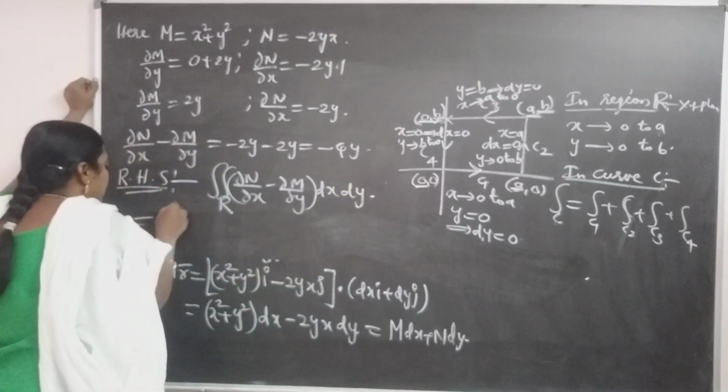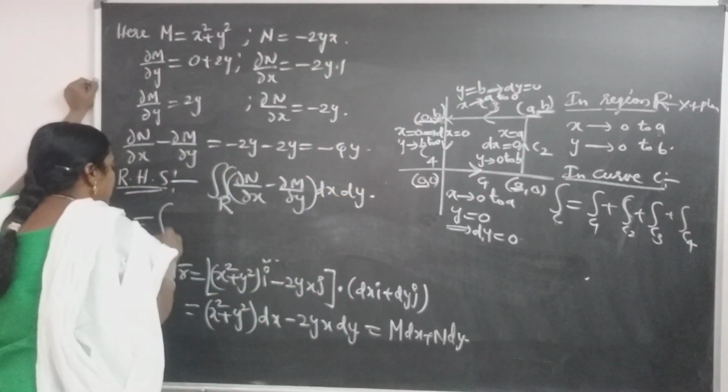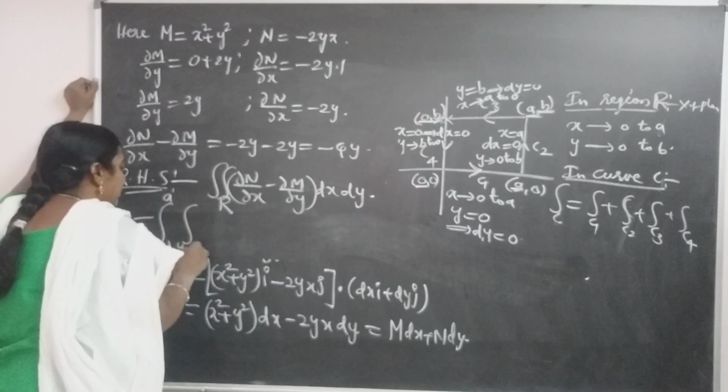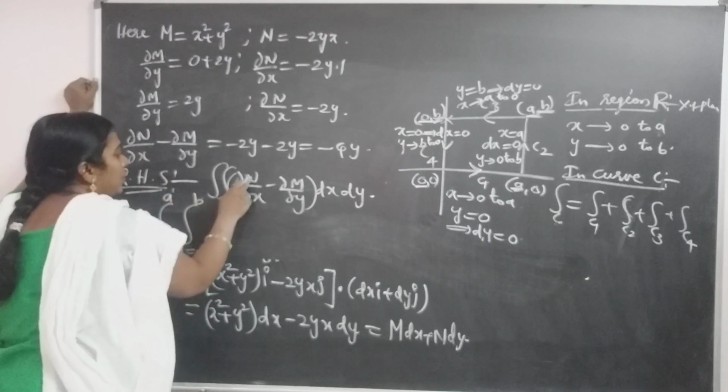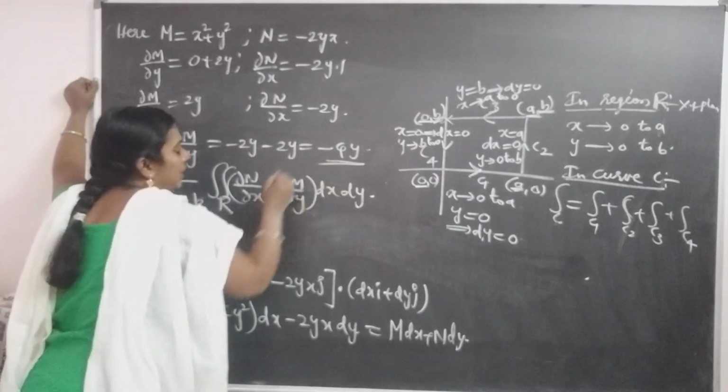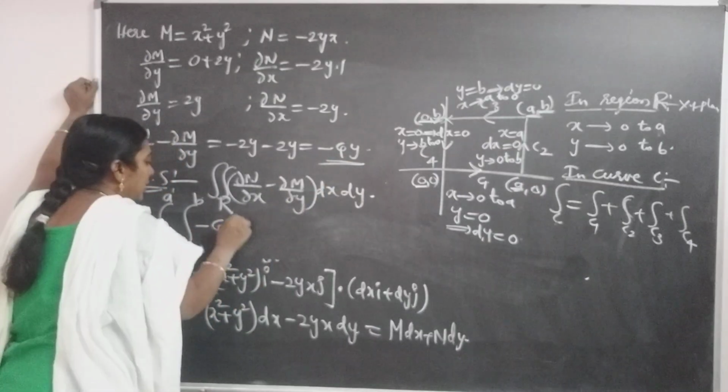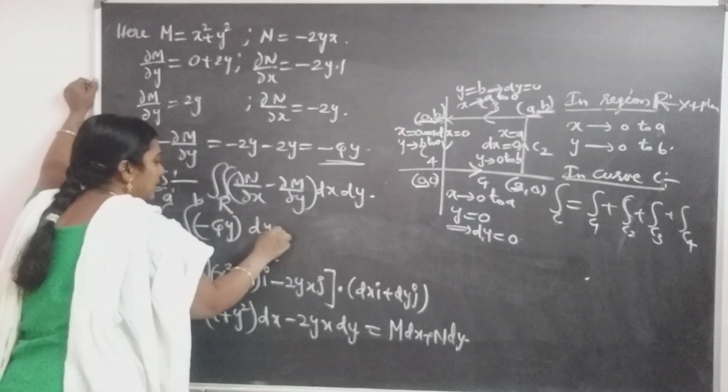It is equal to x limits from 0 to a, y limits from 0 to b, minus 4y into dy dx.